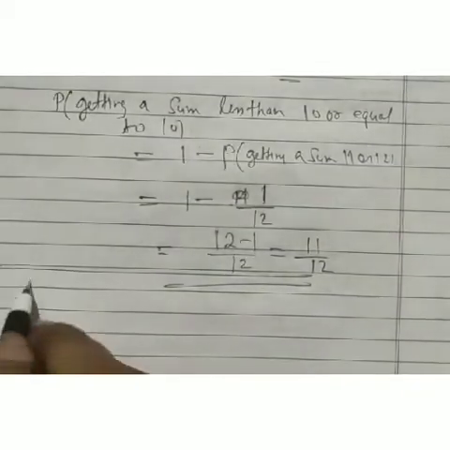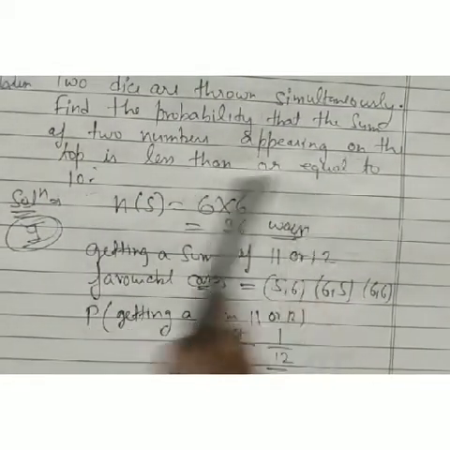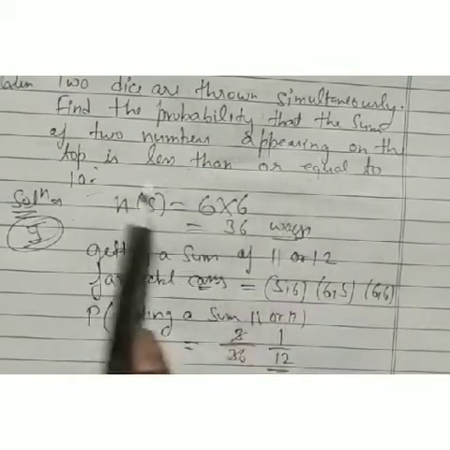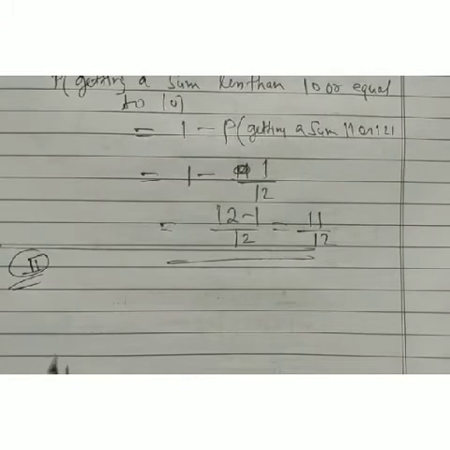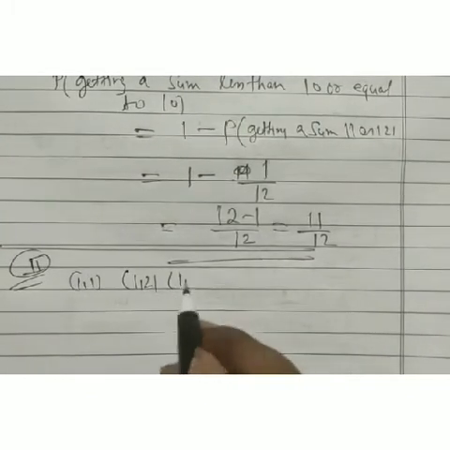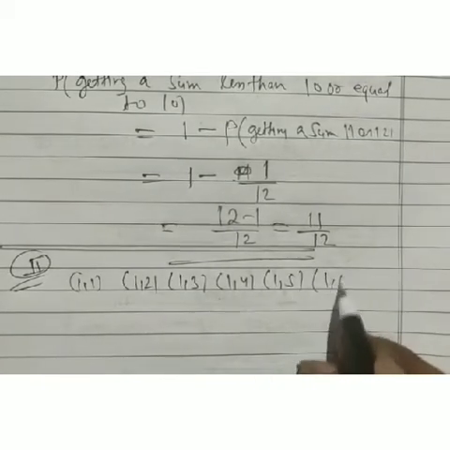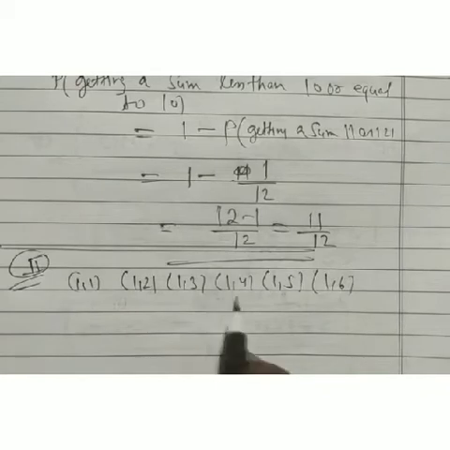You can also solve it using a second alternate method. Suppose you are asked to find the number of pairs whose sum on top is less than or equal to 10. Then you have to write down the sample space. It's 1 1, 1 2, 1 3, 1 4, 1 5, 1 6. All sums are less than 10.